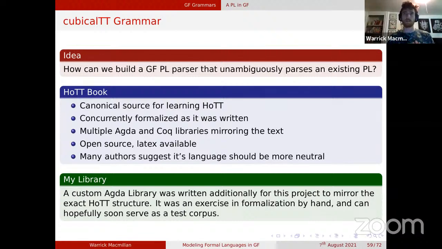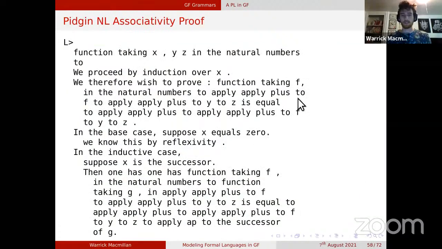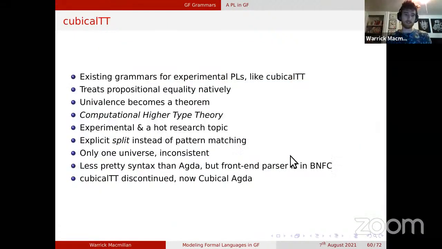They may rearrange orders, or use unmentioned lemmas or other abstractions that the book doesn't mention. So that's why I wrote this custom library, but I haven't had time to test it with the grammar, because obviously this syntax is not good.